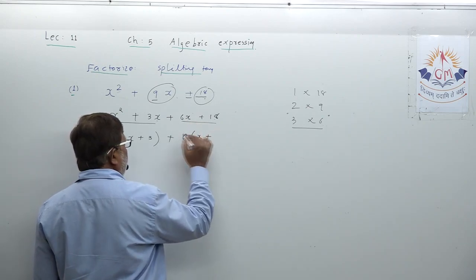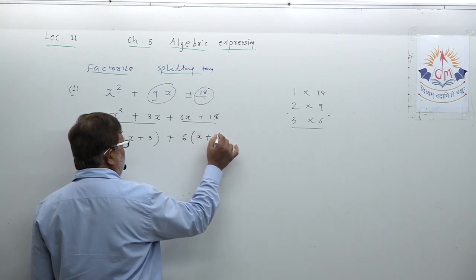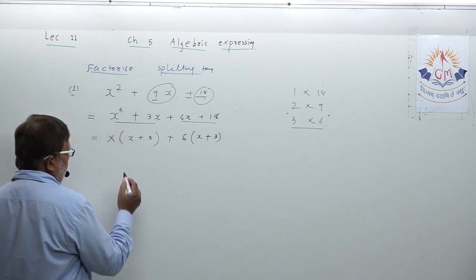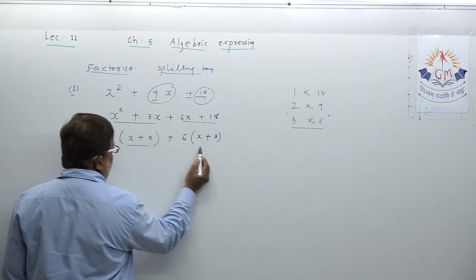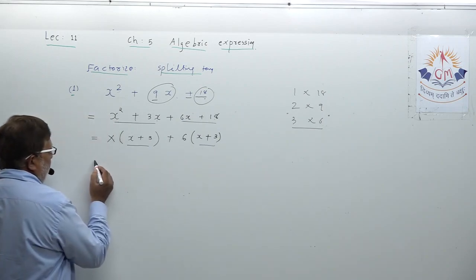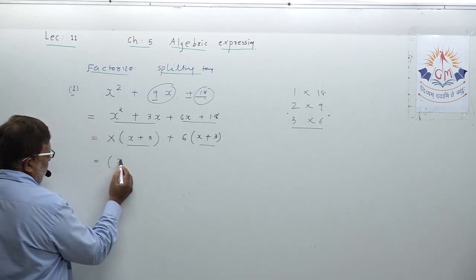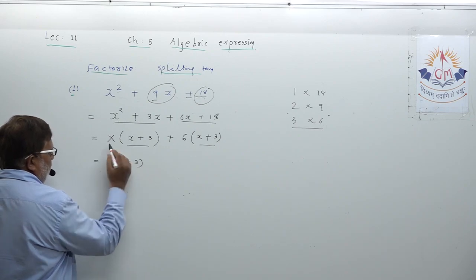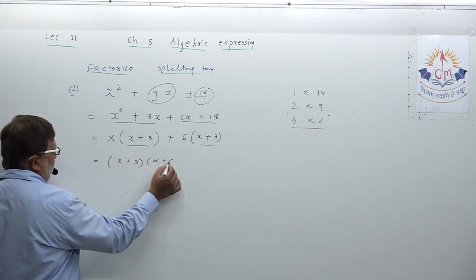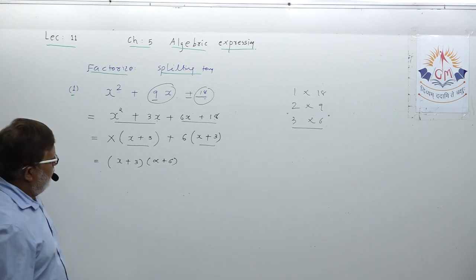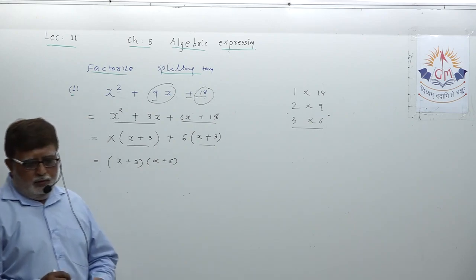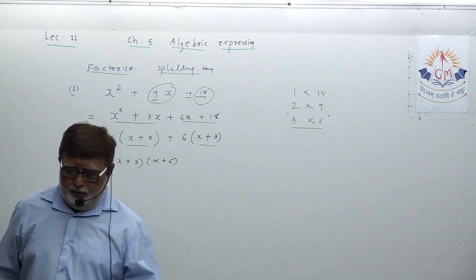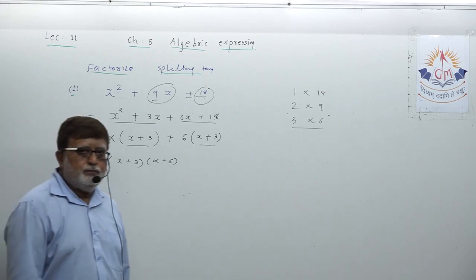Plus sign, so no sign, and 6, how many make 18? 3. You got the common bracket. That's the demand. So bracket is common, x plus 3, and in next bracket x plus 6. One example of splitting term method we have done.